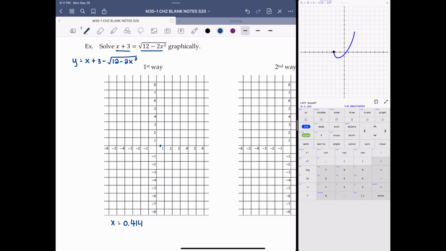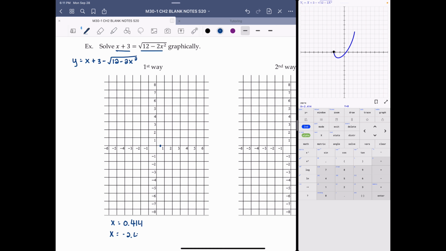Our next point, second trace, number 2. I want to be left of that point, so if I look at my y value, it is positive, which means it's above the x-axis, 0.086. So that should technically be left of the x-intercept. Let's see if it's going to work for me. Hit enter, then I go right bound, so drop down here somewhere, hit enter, and there we go. It says x equals negative 2.414.